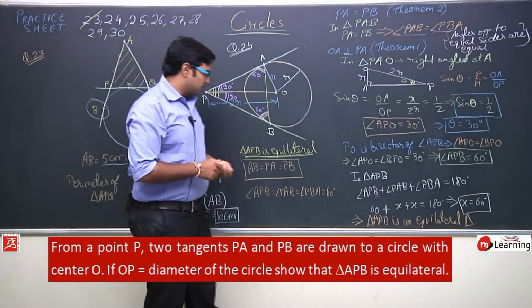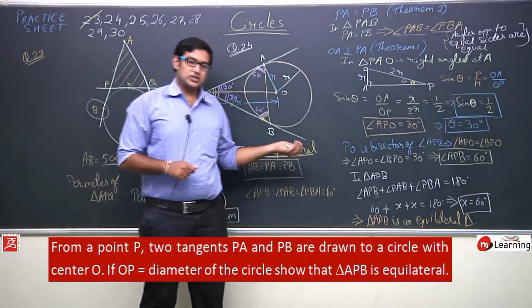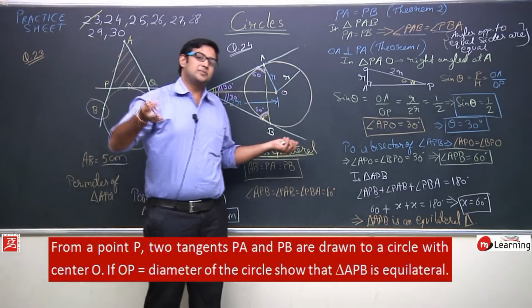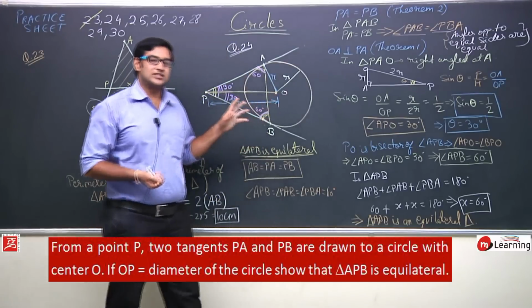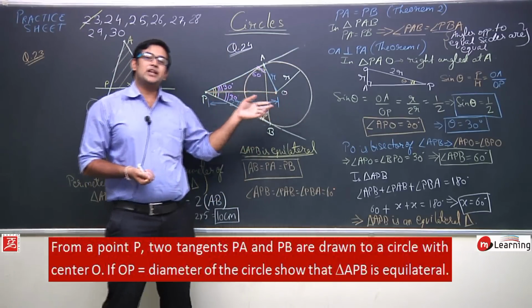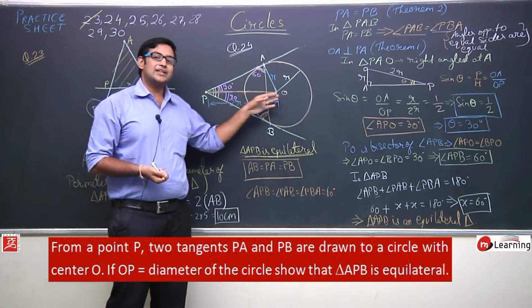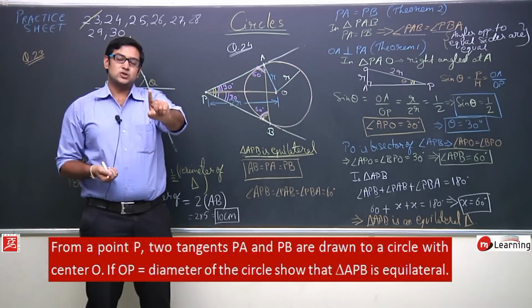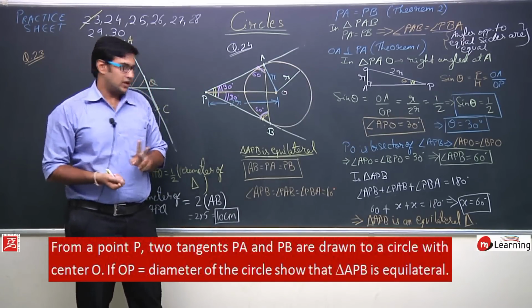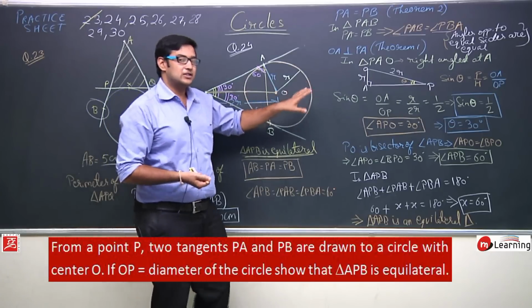So you can see that in this question we have applied all the concepts that we have studied previously. We have applied the concept that PO is the perpendicular angle bisector of angle APB. We have applied theorem 1 also, we have applied theorem 2 also. So all the conditions we have applied in this question.